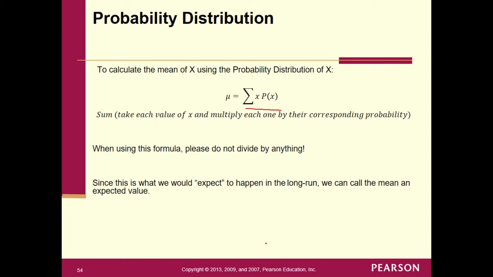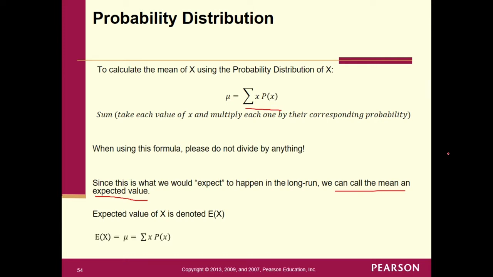And so we can refer to the mean as an expected value. When you hear expected value or mean in statistics, they mean exactly the same thing. The expected value of x is denoted with E with an x in parentheses.